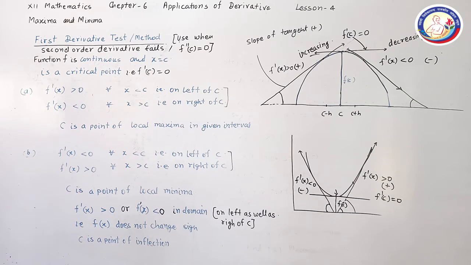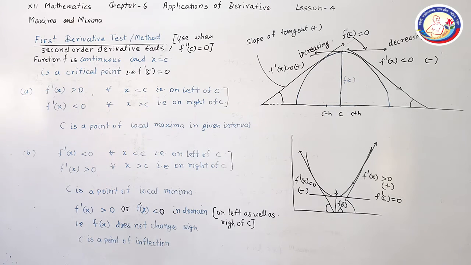What is the first derivative test? If we calculate the first derivative and put it equal to 0, then we find the critical point. Say x equal to c is a critical point.